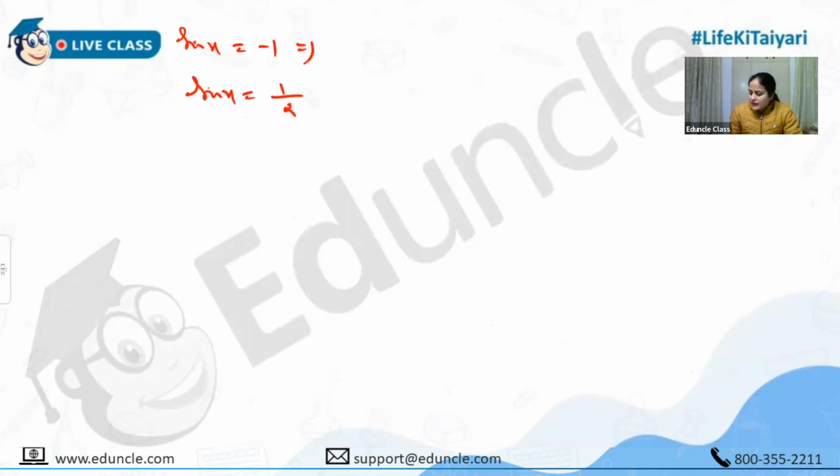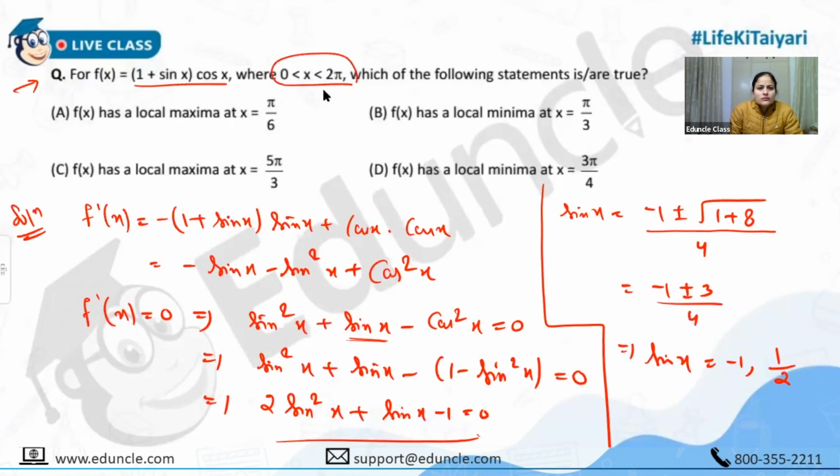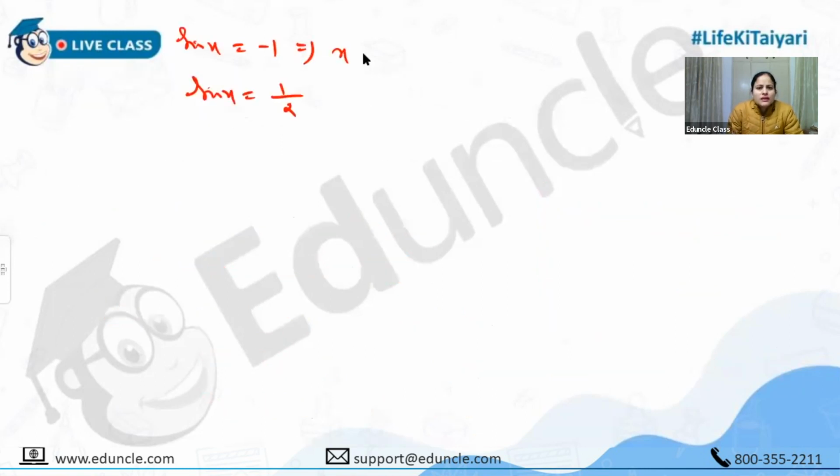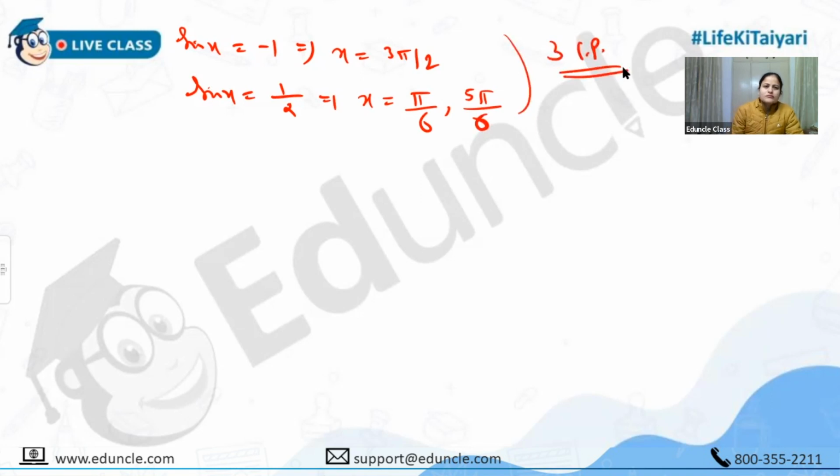And here I want to find the values of x from between 0 to 2 pi. So this will give me x is equal to 3 pi by 2. And from here I will get x is equal to pi by 6 and pi minus pi by 6, that is 5 pi by 6. So I am having here 3 critical points between 0 to 2 pi.